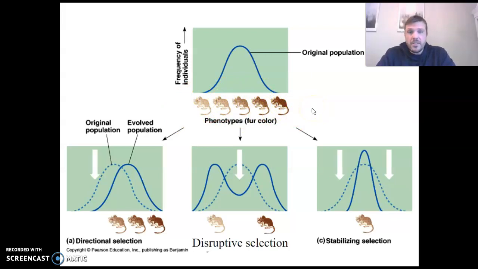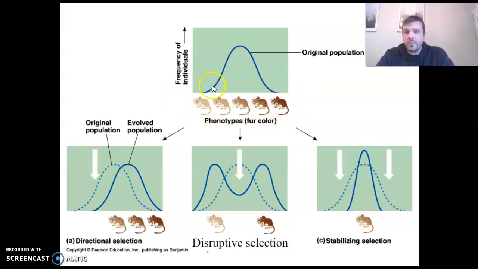Given all things being equal, any one of these mice might survive better for a number of factors, whether it's because other mice find them more attractive, they blend in better, or they are smaller so they can hide.